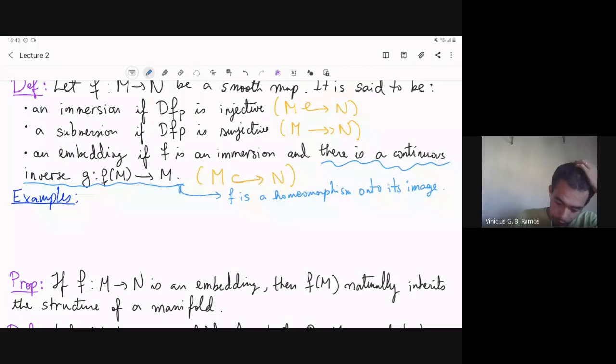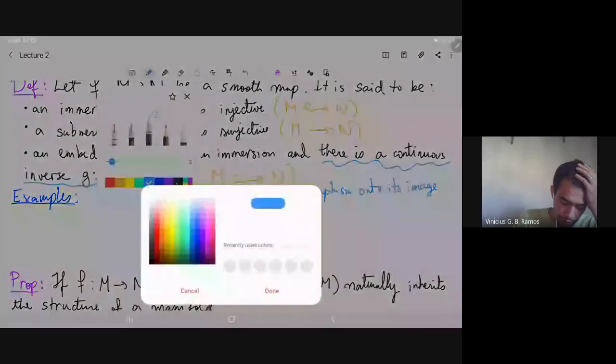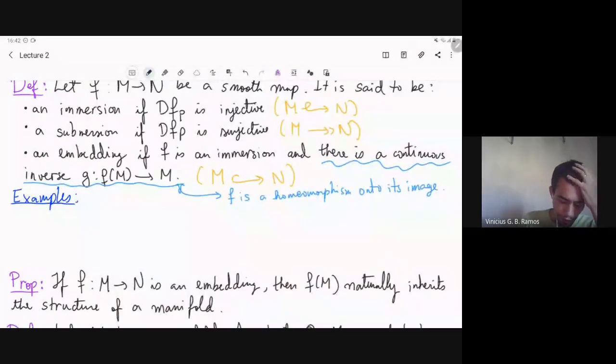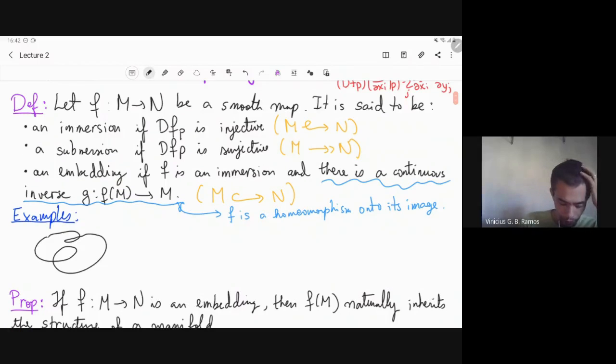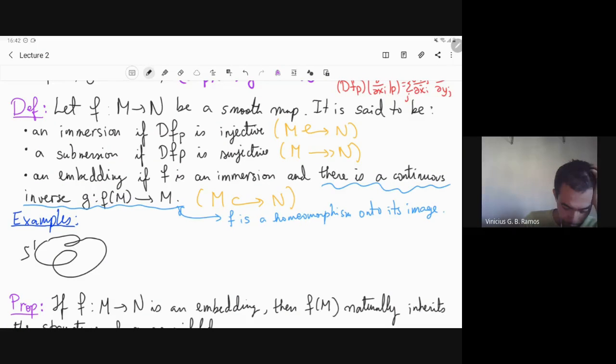Okay, so some examples, I want to just draw some examples. Well, an immersion, you can think of like immersed curves. Something like this. So when I write this, I really mean this is the image of an S1 into R2. And you can parameterize this curve so that the derivative is always non-zero.